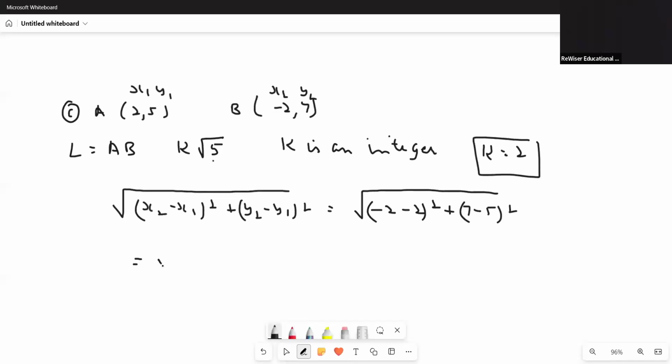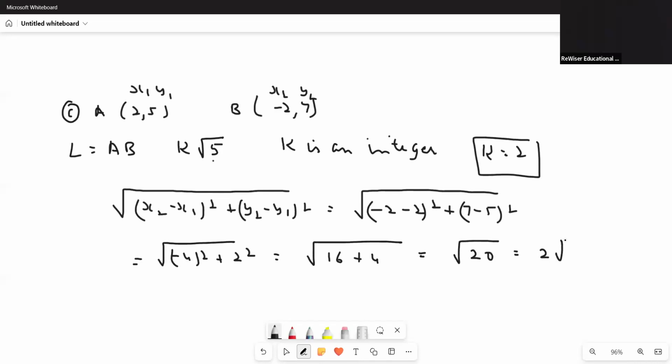So what I got now is minus 4 whole square and 2 square. So I got 16 plus 4, that's equal to root under of 20. So what you got is correct because that can be written as 2 root 5. So the value of k has to be 2. That's absolutely correct.